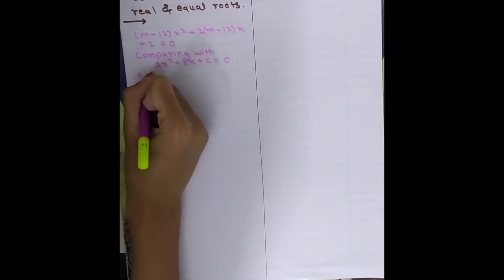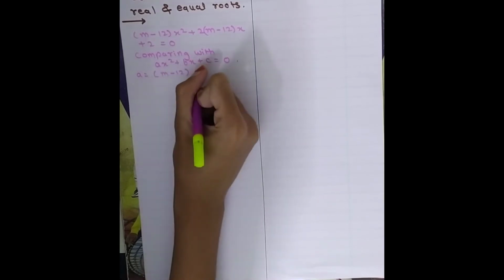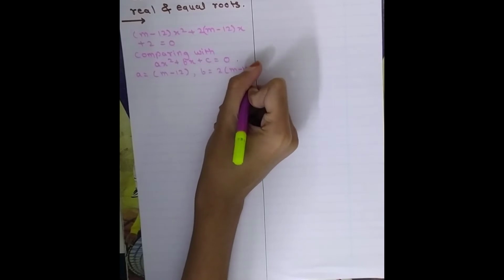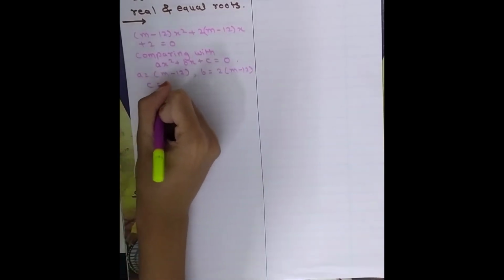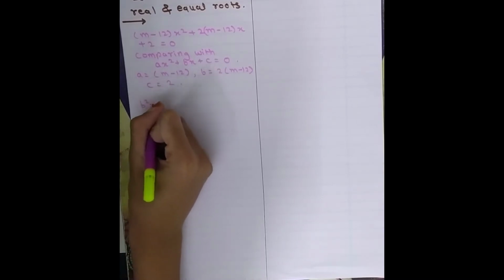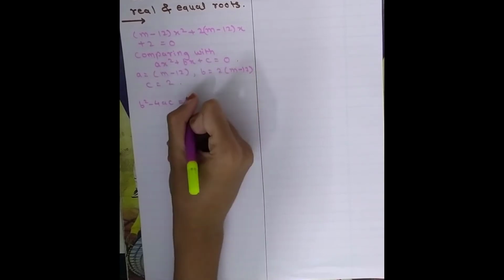Then a is what? a is m minus 12. b is 2 in bracket m minus 12. And c is 2. So first find b square minus 4ac. b square is this.